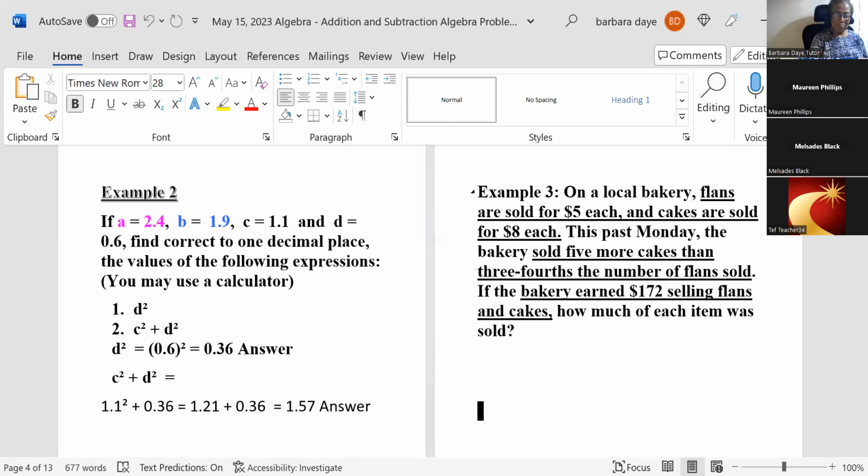So we multiply 5 by 3/4. 5 more, that means you're adding, right? 5 more than 3/4, so it's 3/4.